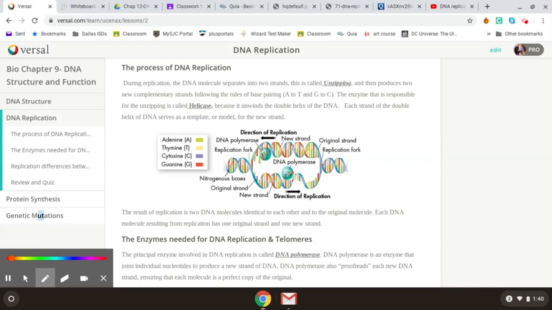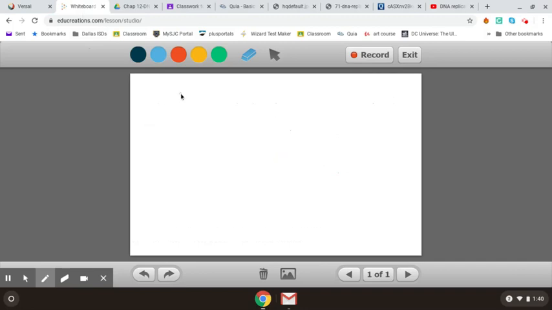So the thing that we want to talk about now is enzymes. Enzymes are proteins that catalyze reactions.